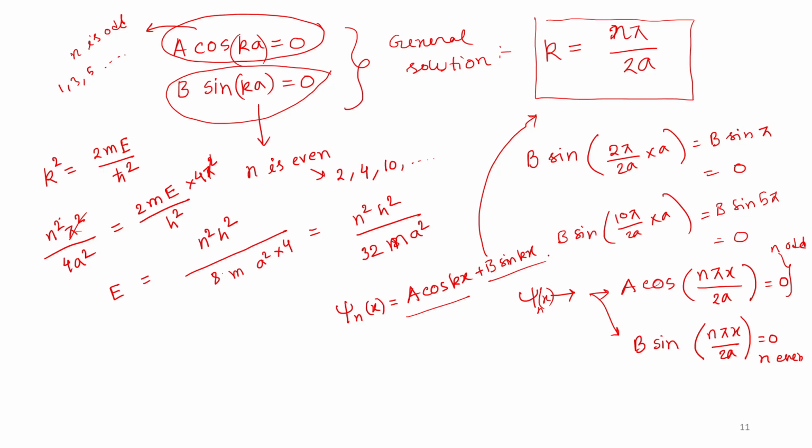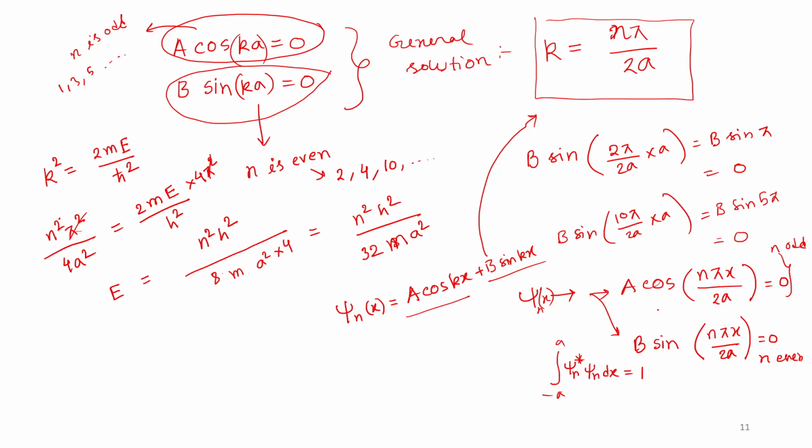And if you do the normalization, it is the same thing as earlier, but here your limits are going to change, minus a to a. When you do the normalization, psi n star psi n dx equals 1 is the normalization condition. Just I am saying that now the boundaries are different. Let us do that as we did for cos square theta.